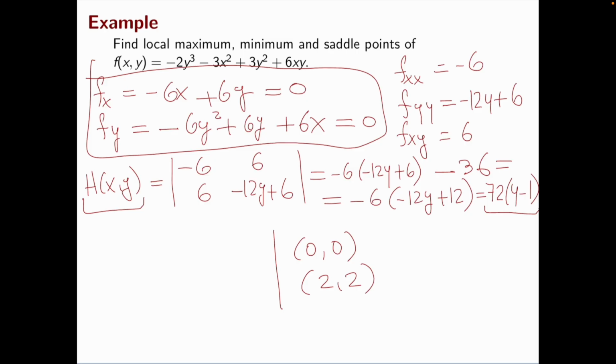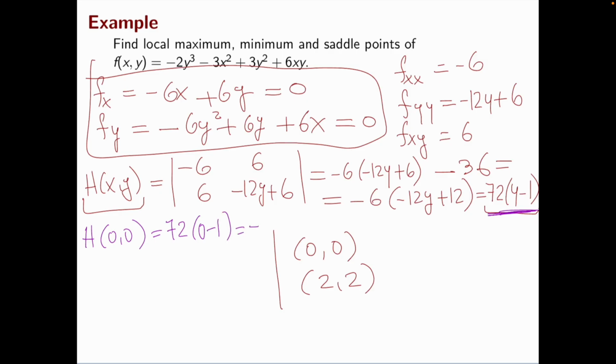And so now we look at our collection of critical points, and we check how much is the Hessian for each of them. So let's calculate, for instance, the Hessian now for the point 0, 0. So let's evaluate that at 0, 0. So x0 and y0. So that will be 72 times 0 minus 1.